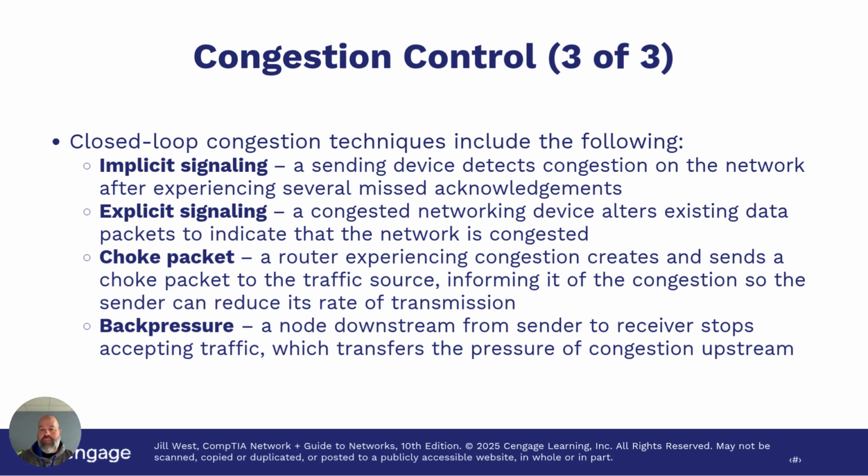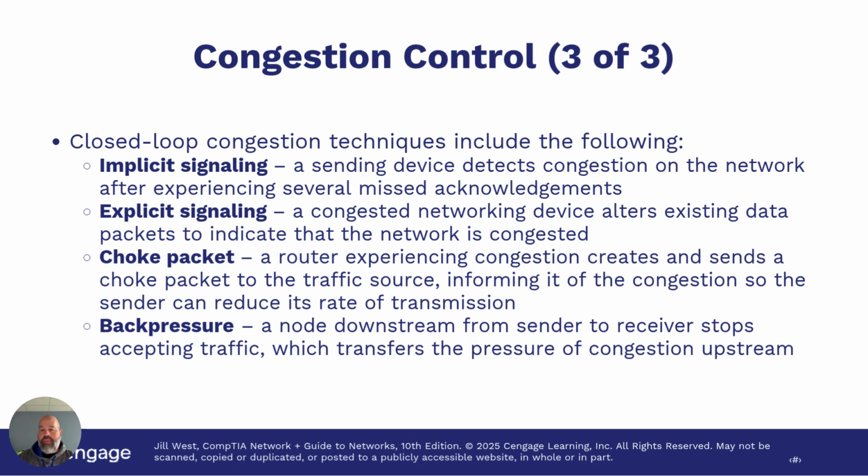Closed loop techniques fix congestion after it starts. Implicit signaling: the sender detects congestion after missing several acknowledgments. It's like realizing someone's not responding to your texts. Explicit signaling is when a congested device alters existing packets to say, hey, I'm congested.